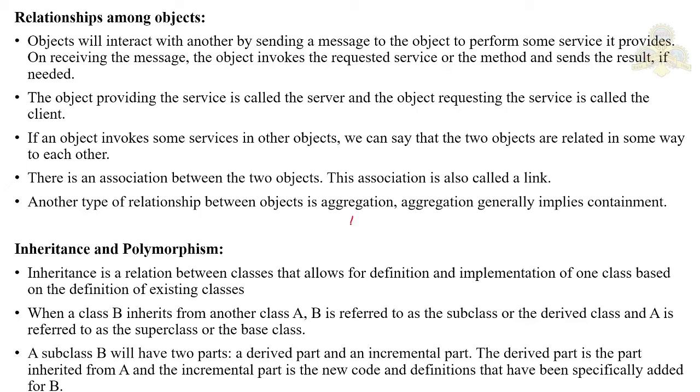For example, consider two classes A and B, and suppose we have an arrow between them. That means B is inherited from class A. Class A is called the parent class, superclass, or base class. B is called the child class, subclass, or derived class. This means class B has been inherited from class A.